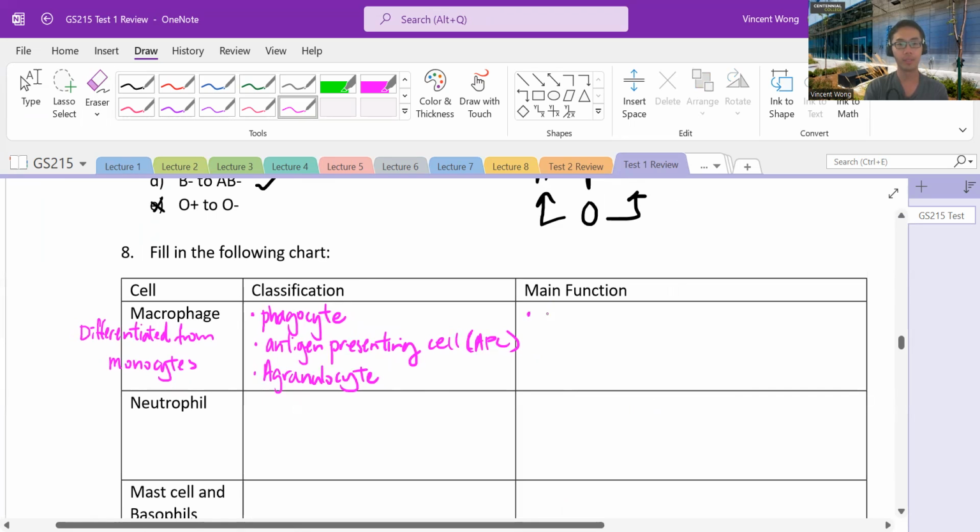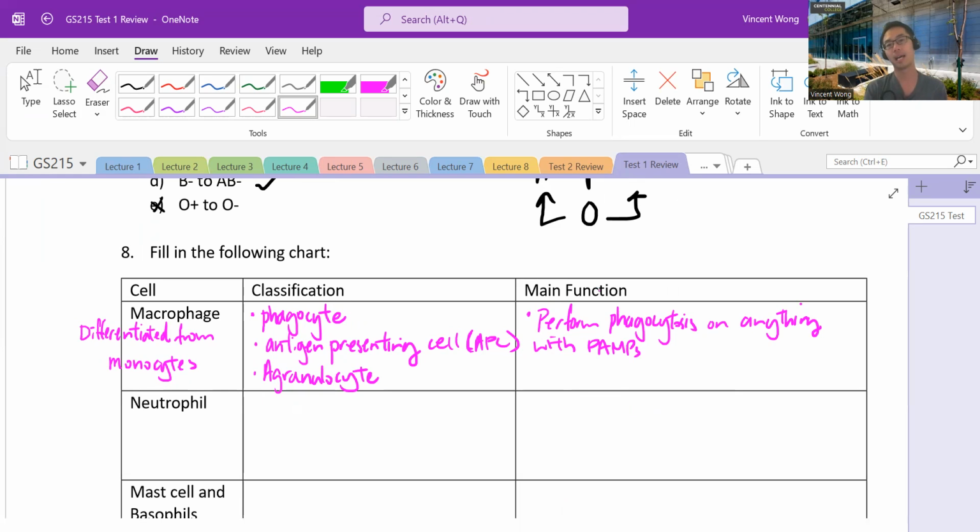What do they do? Well, they go around and eat stuff, right? They will perform phagocytosis on anything with PAMs, for example, the pathogen associated molecular patterns. They are a group of molecules that the macrophage recognizes as something that's dangerous, something that's not supposed to be in the body.